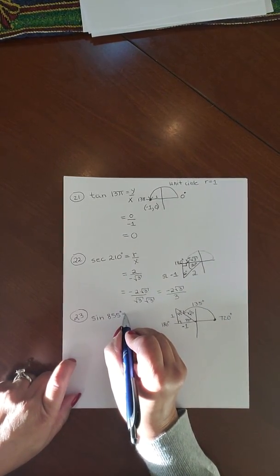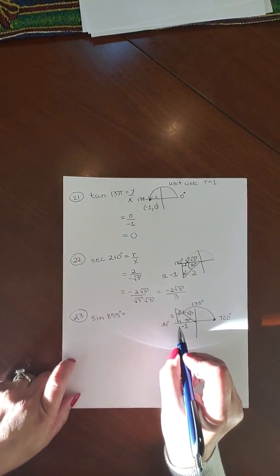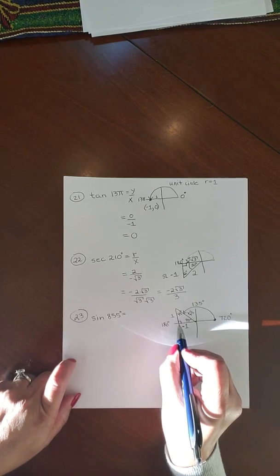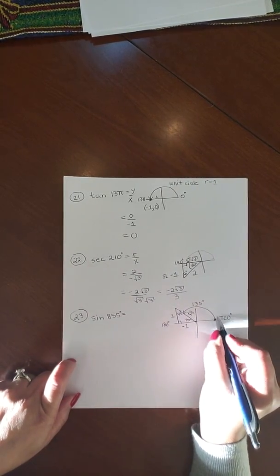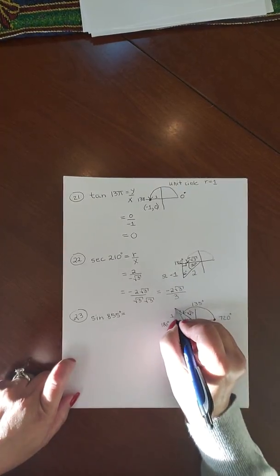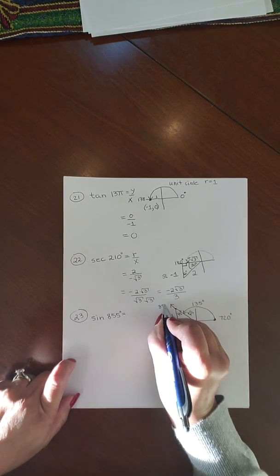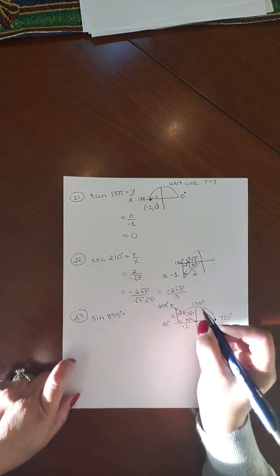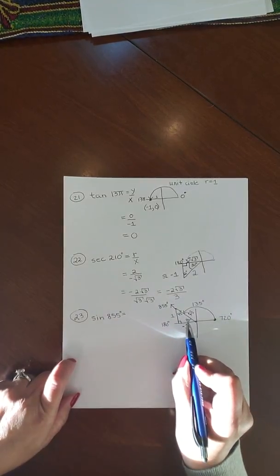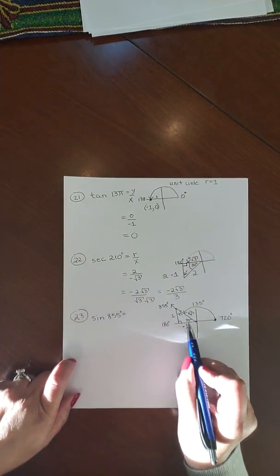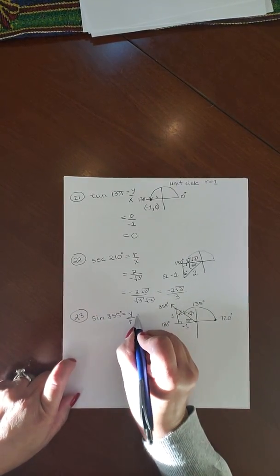And then when we go to calculate the sine, now that we have all our numbers, we can calculate the sine right off of this right triangle that we've created at 855, because you've gone 720, an extra 135. So where this hypotenuse is represents you landing at 855. But because you're at 855, you have a 45 degree reference angle. So now you're using the numbers on the right triangle and the definition of sine.